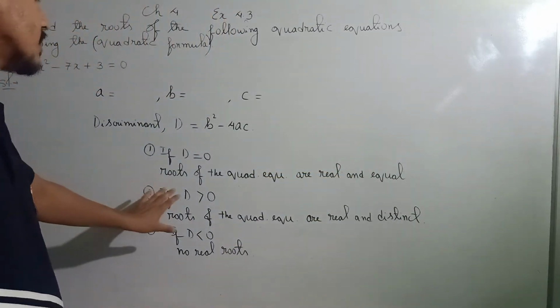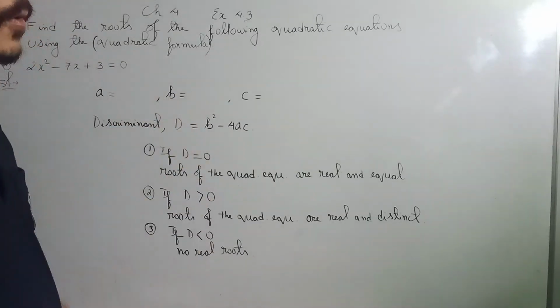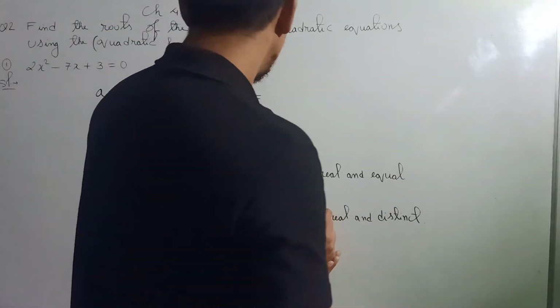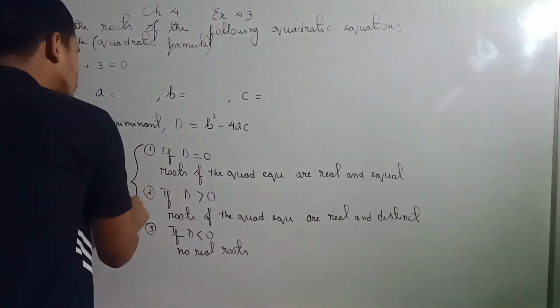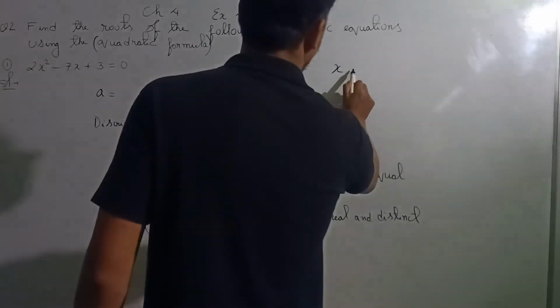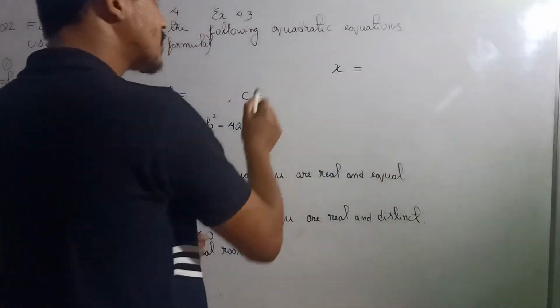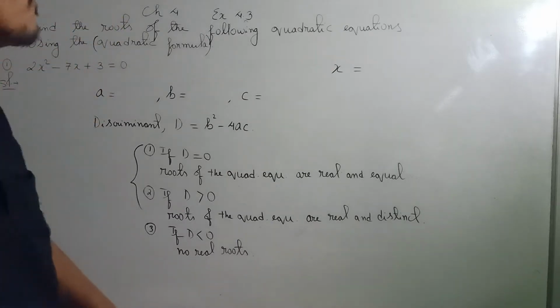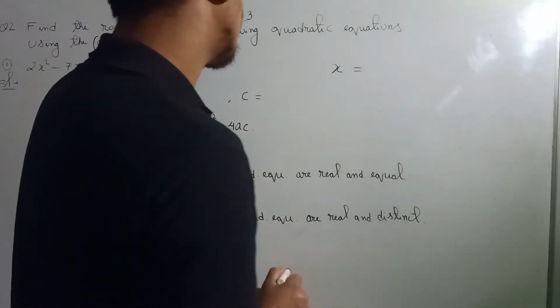If D is greater than 0, then the roots of the quadratic equation are also real but distinct. In the above two cases, we can find out the roots by using the formula. Roots means value of x which satisfies your given equation, right? Value of the variable which satisfies your given equation.